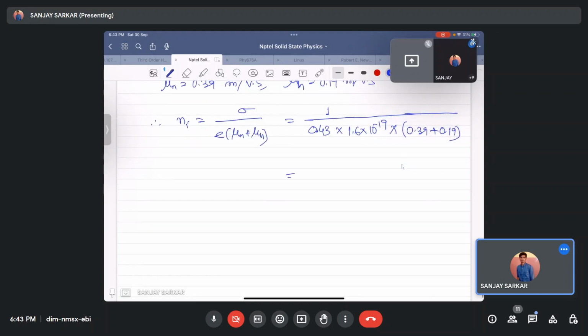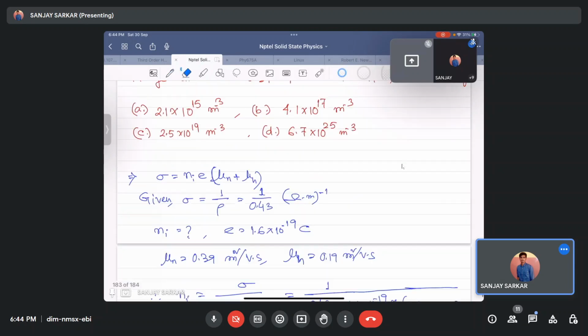Just calculate this: 1 by 0.43 into 1.6 into 0.39 plus 0.19, that is 2.5 into 10 to the power 19 meter cube inverse. So this matches with option C.